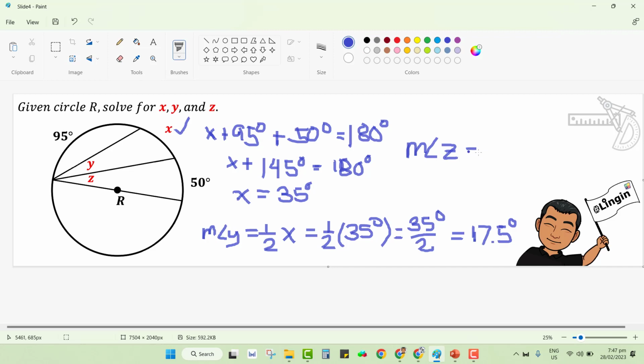Similar to earlier, the measurement of the inscribed angle Z is just 1/2 of the measurement of the intercepted arc, which is 50 degrees. In short, the variable Z, which represents this inscribed angle, is simply 25 degrees. This is how we solve the values of x, y, and z for this given circle R.